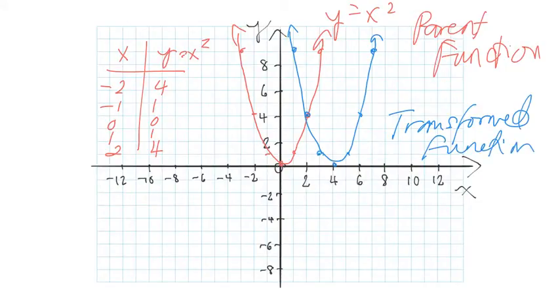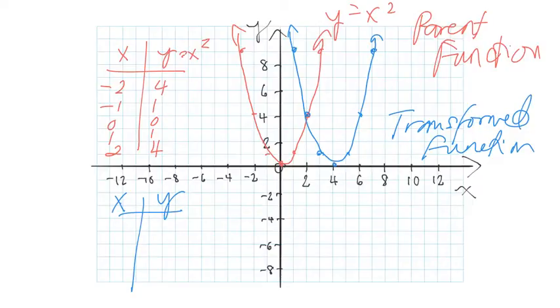And what I can do is, now that I have the graph, I can actually generate the table of values from the graph. So I'm going to do that down here, x and y. And what I'm going to do is I'm going to choose points on the graph starting here, then here, then here, then here, then here, and I'm going to write those points down in my table of values. So it's kind of a little backwards from what we normally do, but just bear with me a second.